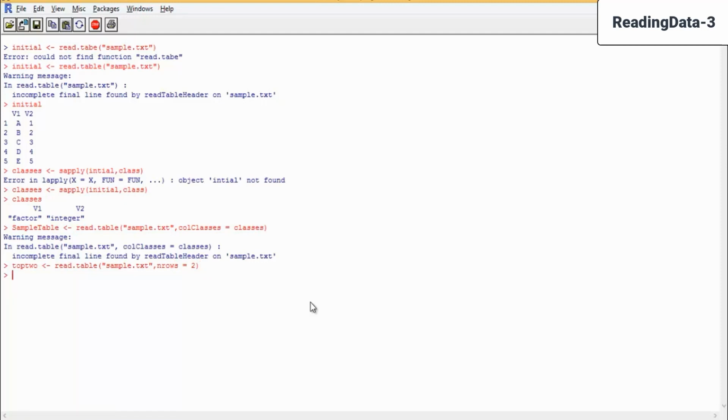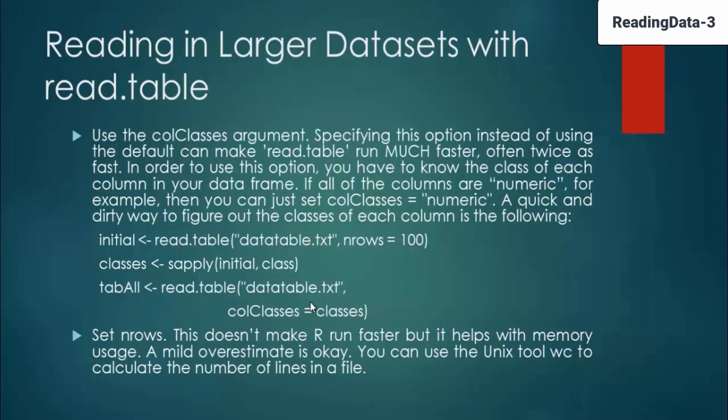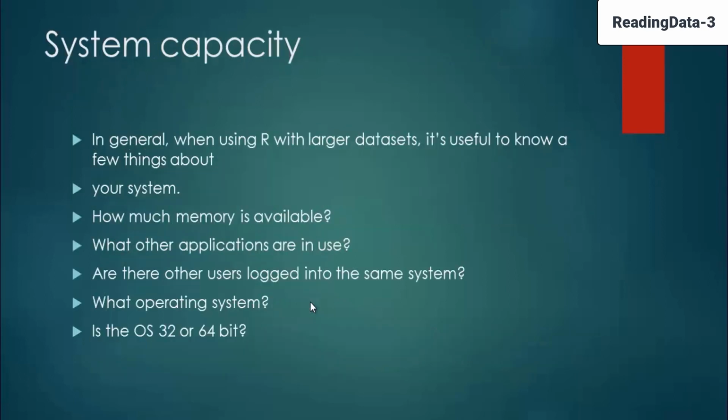Now you have read only 2 rows from the table into the dataset top2. If you display top2, you will find only the top 2 rows of sample.txt. This can help you considerably when you want to reduce the size of the data you are reading in. Now moving on, how to calculate the system capacity.